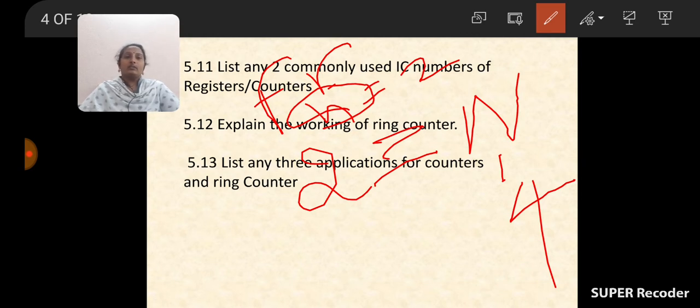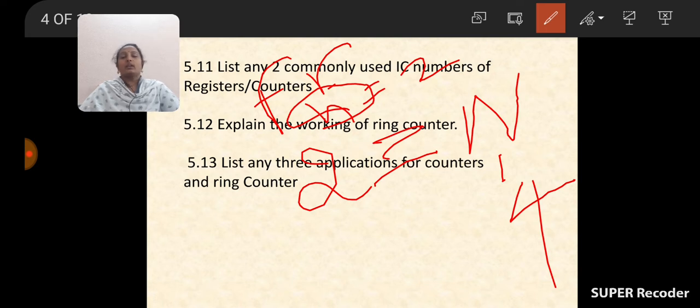Coming to the mod 3 counter, after counting 3 clock pulses, from 0 to 2, at the next clock pulse the output should be returned to 0 by the application of a clear signal.